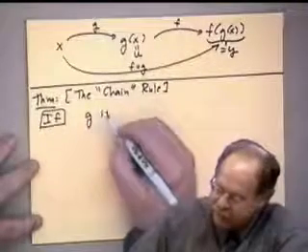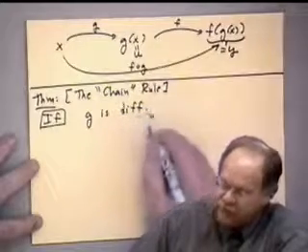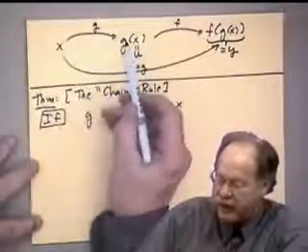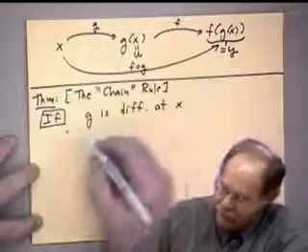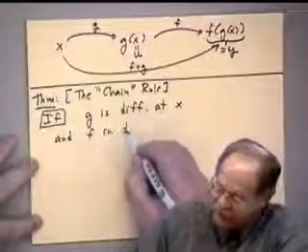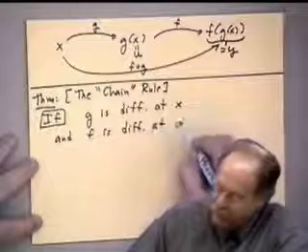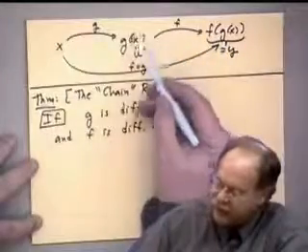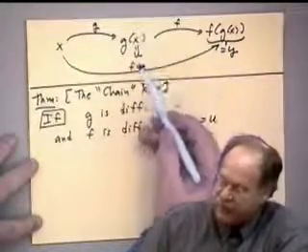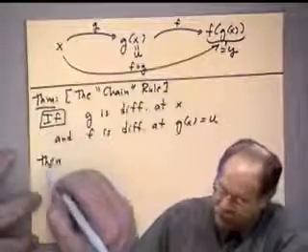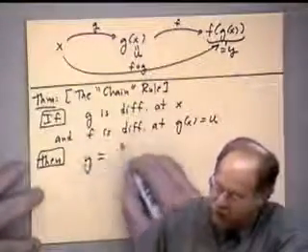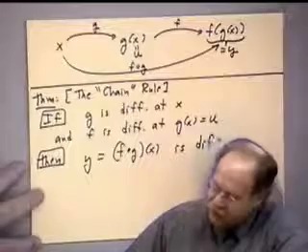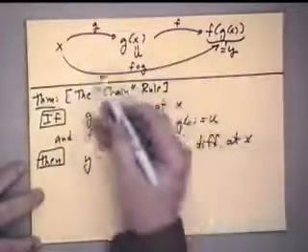If g is differentiable at x, so we're asking g to have a derivative at x, and f is differentiable at g of x, which is u, so f acts on g of x, so we'd want it to be differentiable on the numbers that it acts upon. Then y, which is this composition of two functions, is differentiable at x, because this is the entire function.